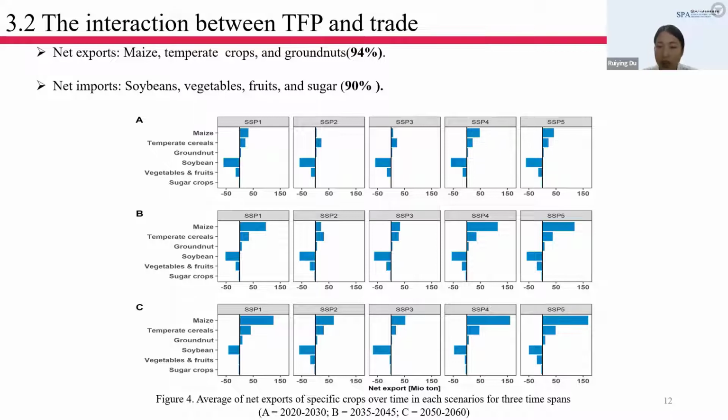Although China needs to import a certain amount of soybeans, vegetables, fruits, and sugar crops to meet domestic demand, in 2060 this import volume will be lower than that in 2020.